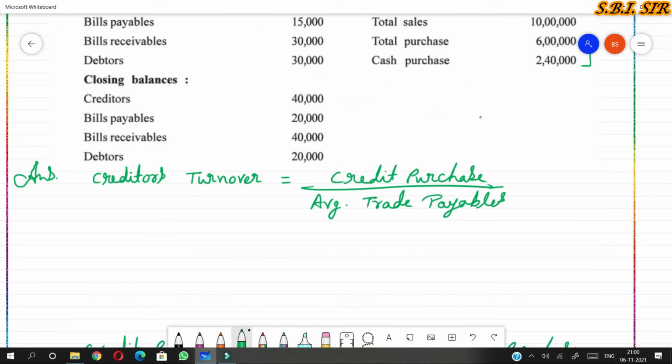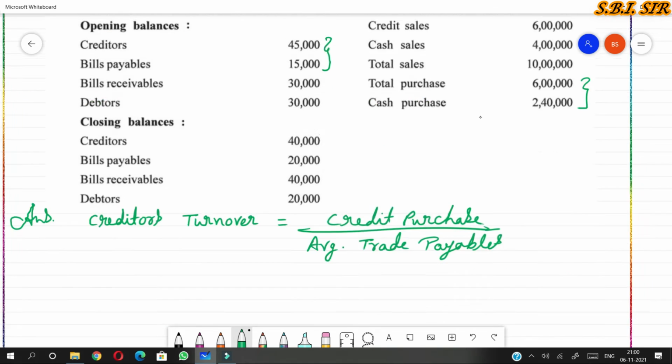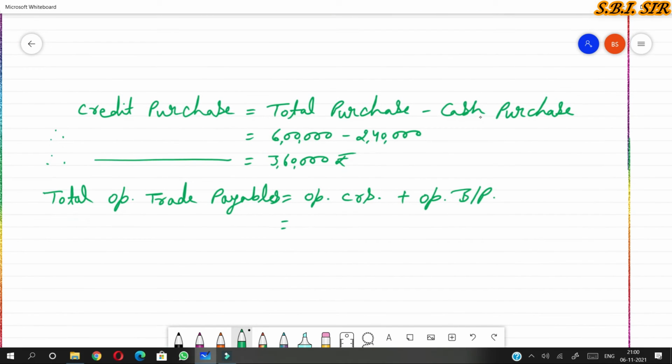Opening creditors are 45,000 and opening bills payables are 15,000. 45,000 plus 15,000, we will get 60,000 rupees. These are total opening trade payables.